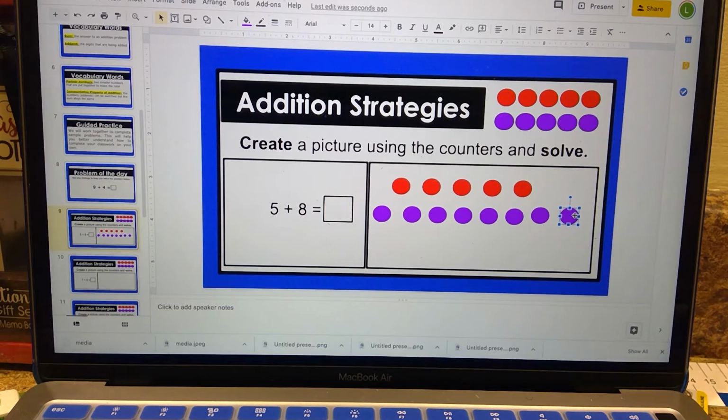And let me count and make sure I have 8 of them. 1, 2, 3, 4, 5, 6, 7, 8.